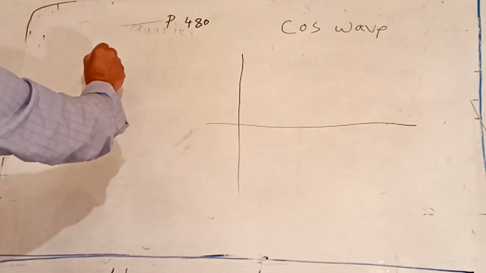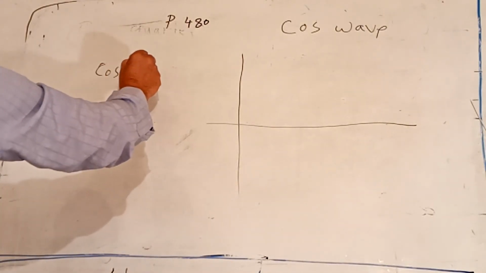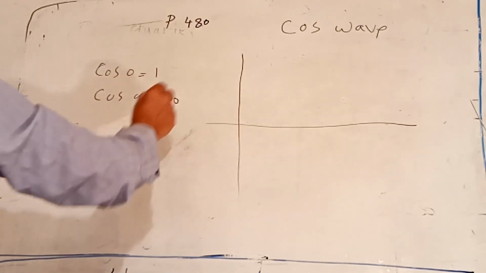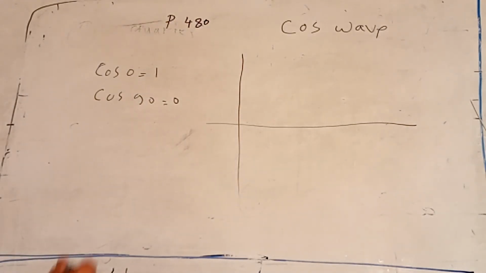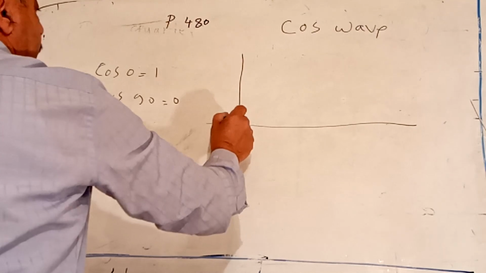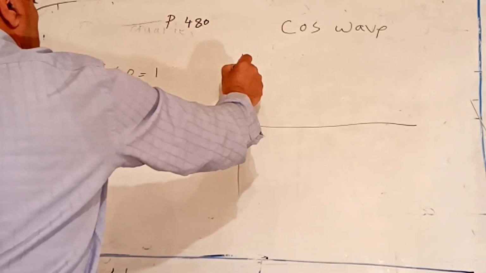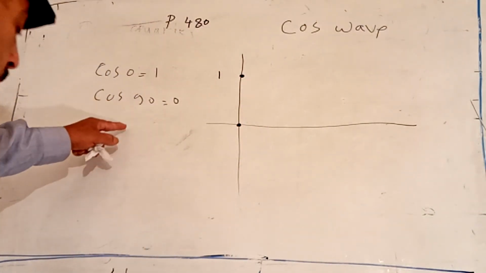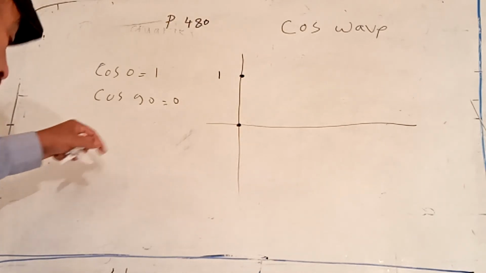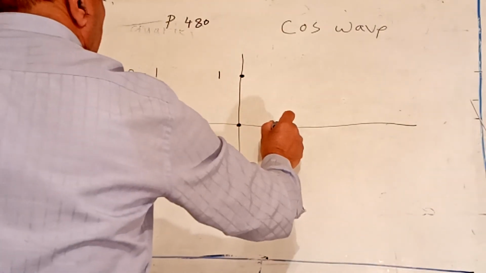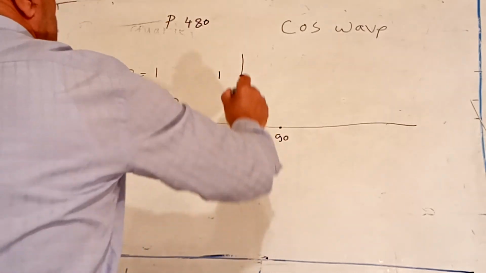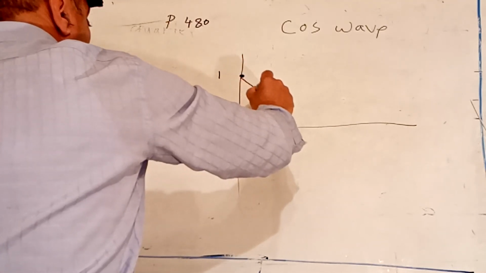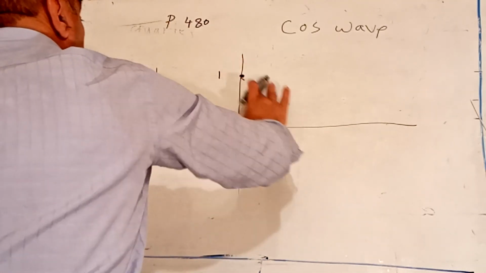We know that cosine 0 equals 1, cosine 90 equals 0. So cosine 0 equals 1, and this is the 1. The angle starts here, but it will go down when it gets to 90. It will go down to 0. This is 90 degrees. So it's going like that. It will go like that.